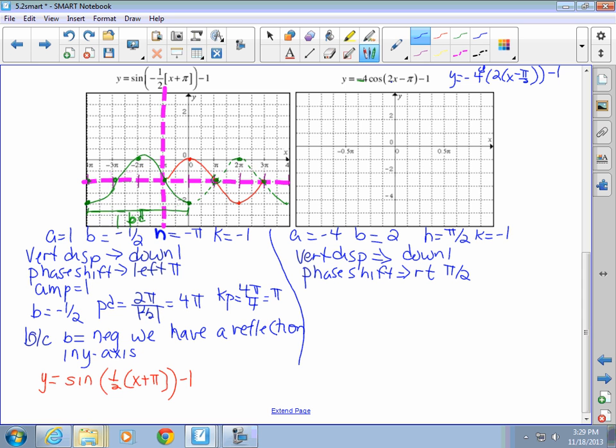My amplitude was equal to a -4, so that means that I have to start 4 down instead of starting at my, this is a cos graph, so instead of starting at 1, it's starting at 4.